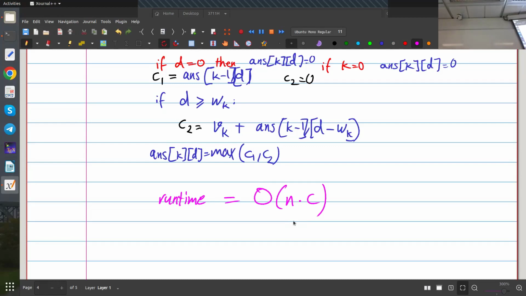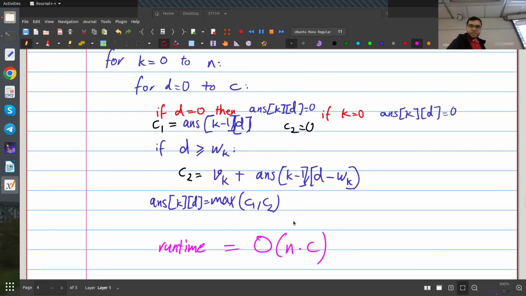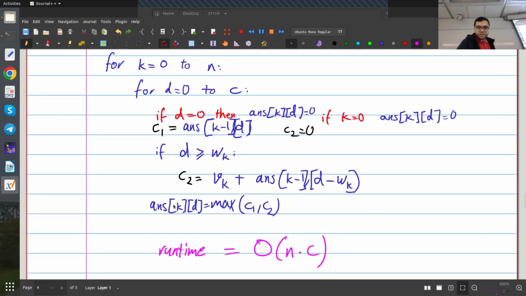Now, a lot of the times in this course, when I talk about dynamic programming, I just give you the recursive formula, and I just assume that you know how to turn this into dynamic programming. Because as soon as you know that the answer for K, D depends on the answer for K minus 1, D and K minus 1, D minus WK, and you know how that formula works, then doing the dynamic programming is pretty trivial.